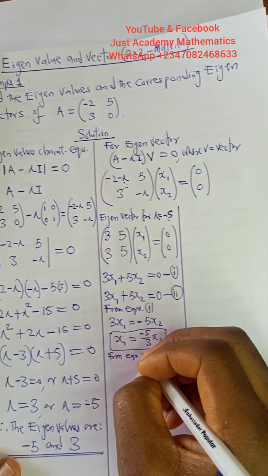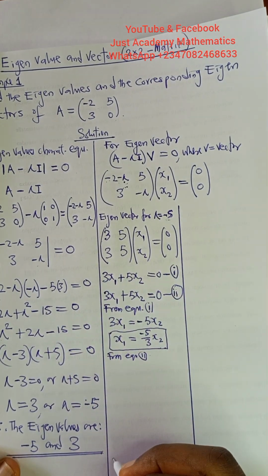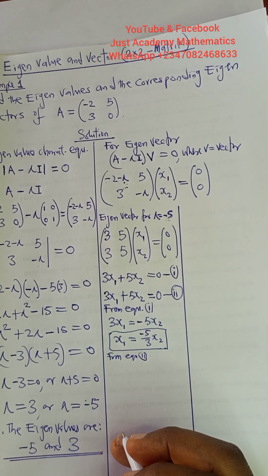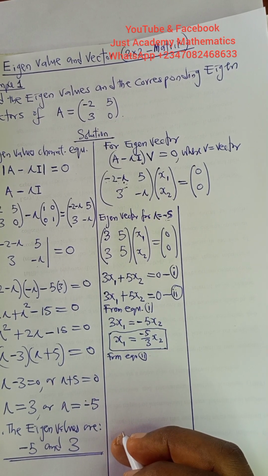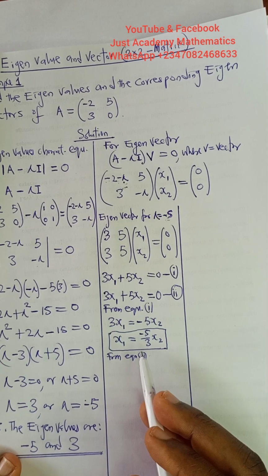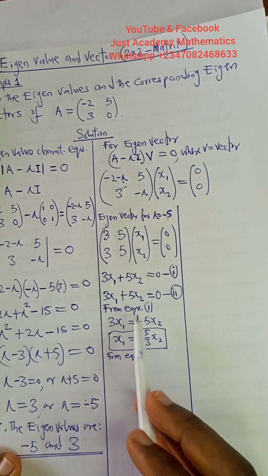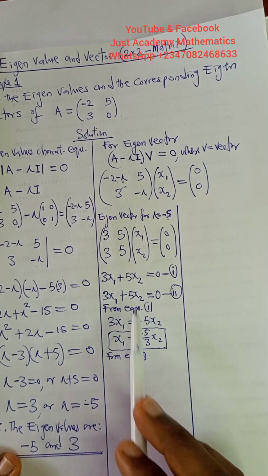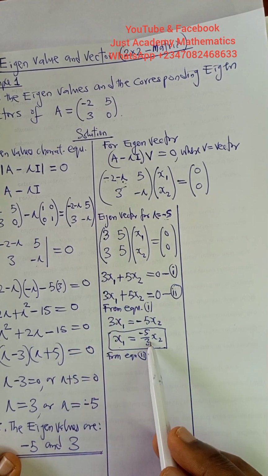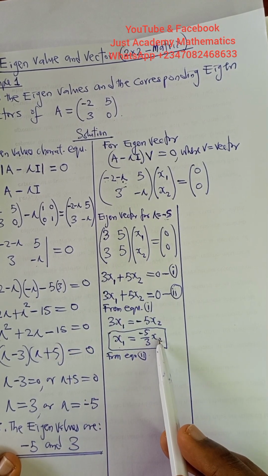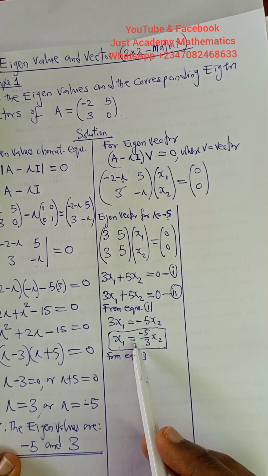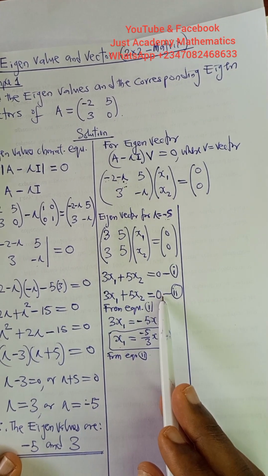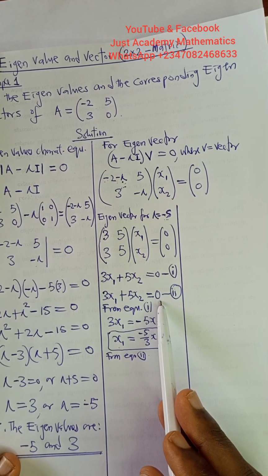In the same way, from equation 2, listen now, we have made x1 the subject of the formula from equation 1. This is what x1 is. Now we are going to put this x1 in equation 2. It's just like the substitution method.